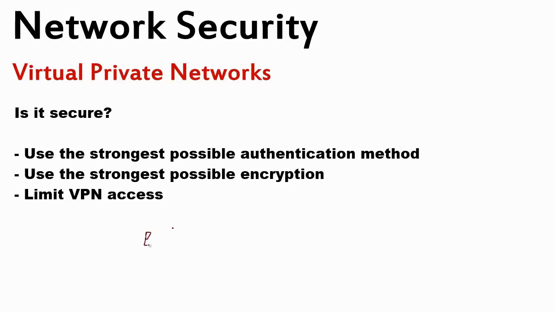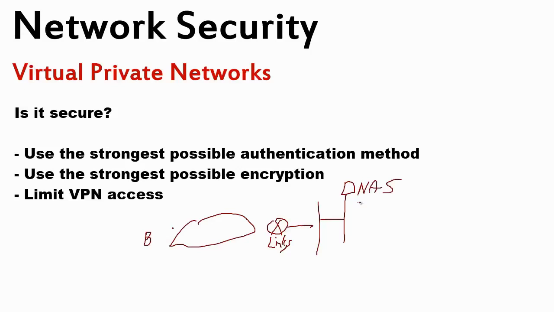Let's say you are over here. That's the internet. That is your home router, let's say, I don't know, Linksys. And this is your network. Let's say you have a server here, a NAS server, a very popular device that you want to access. Of course, there are many other ways available for you to access it.